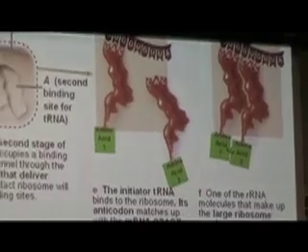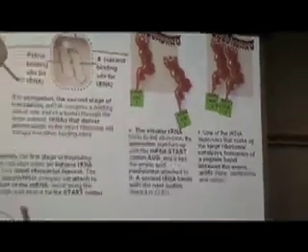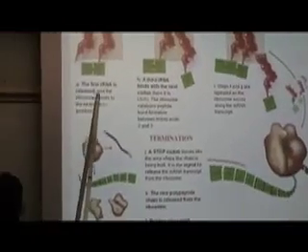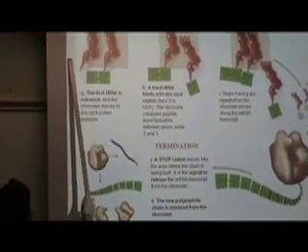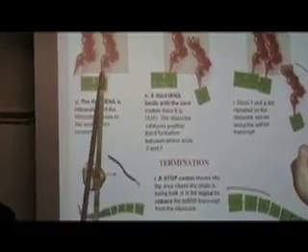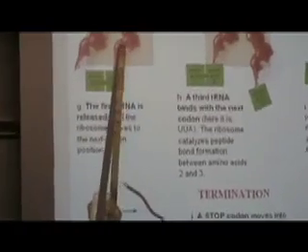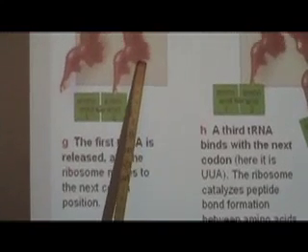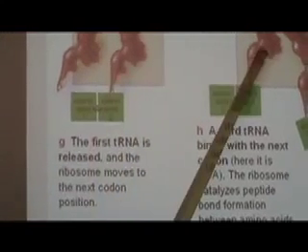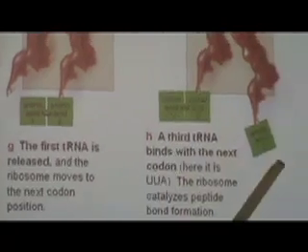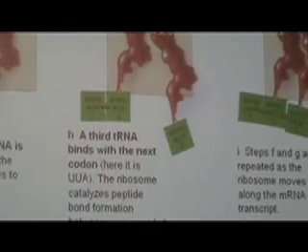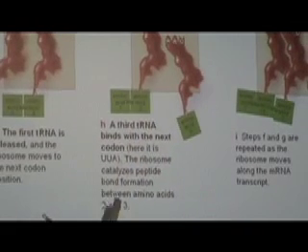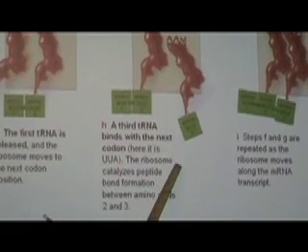Let's look at that on the next slide as we continue with elongation. Okay, so up here, the first tRNA is released. Here goes the UAC, and now both amino acids are attached to that second tRNA. The second tRNA is going to move from the A site over to the P site, so now this is in the first position, and the third tRNA with the anticodon to match up with the next codon on the mRNA moves into the A site.